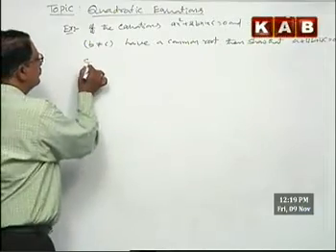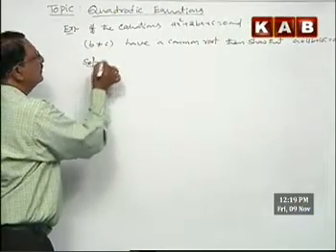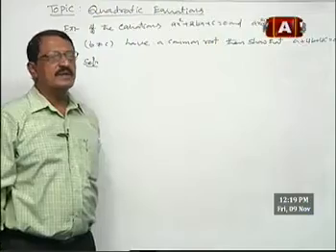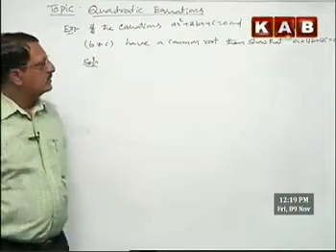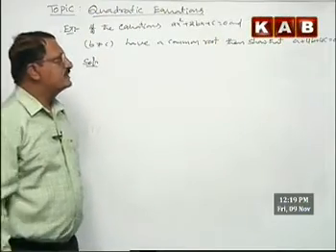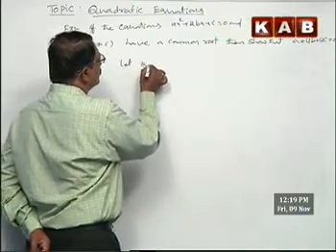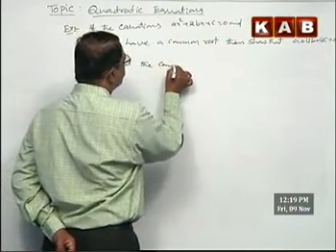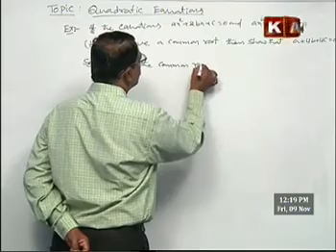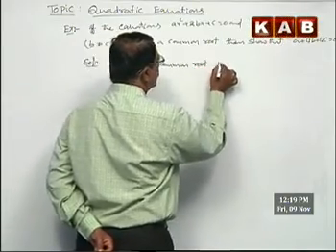Now, solution. The given two equations have a common root. Required the condition a plus 4b plus 4c equals 0. First, let the common root be alpha.